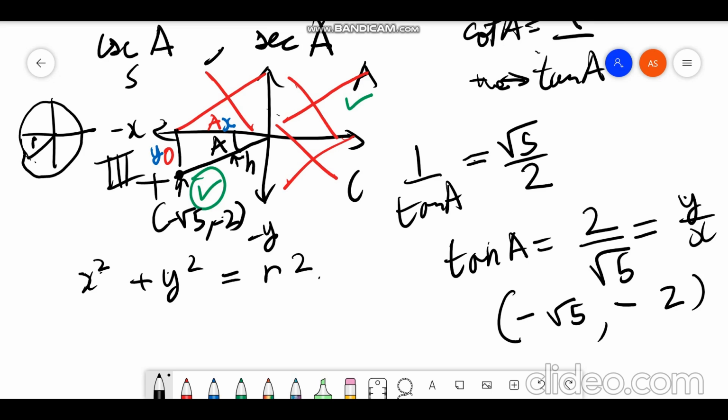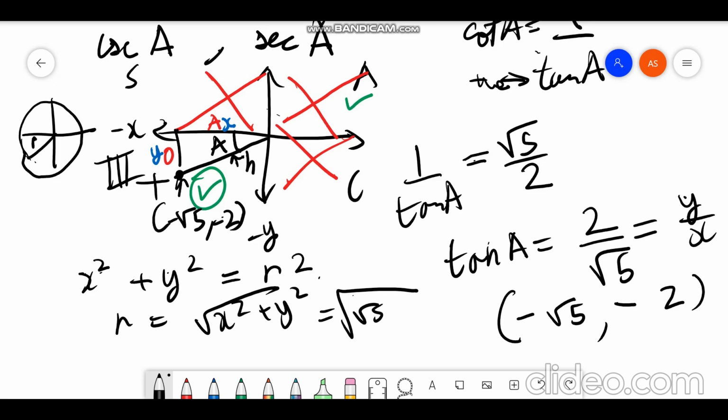We can find r using r equals the root of x squared plus y squared. That is the root of root 5 squared plus 2 squared. So r is going to be the root of 5 plus 4. So r is 3.